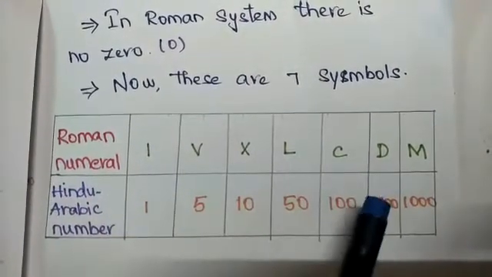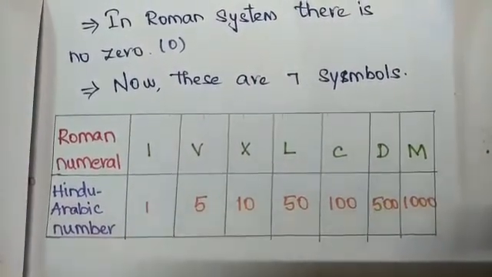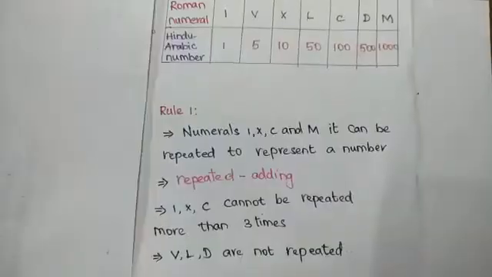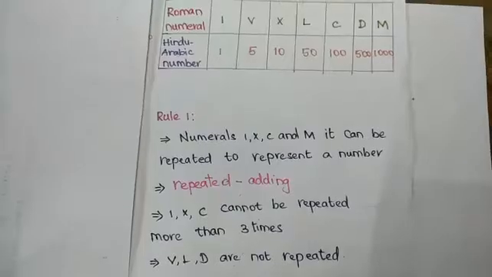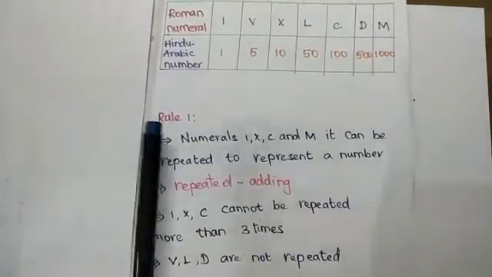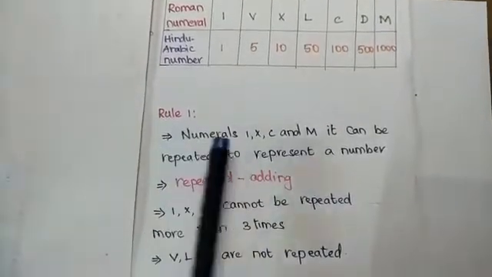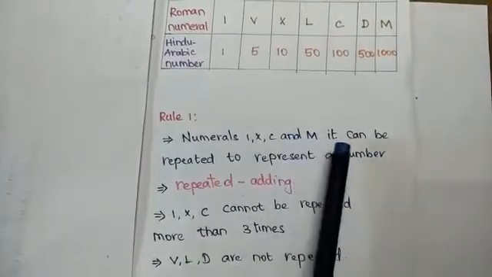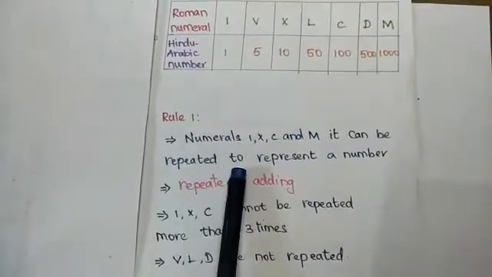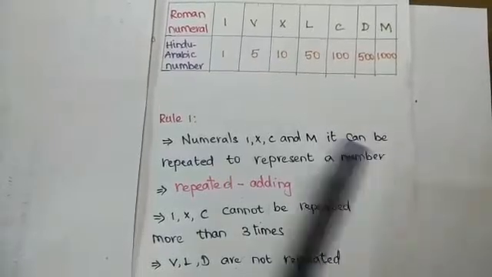Now we are going to see the 7 symbols with the rules. Here is rule number 1. The numerals I, X, C and M can be repeated to represent a number.